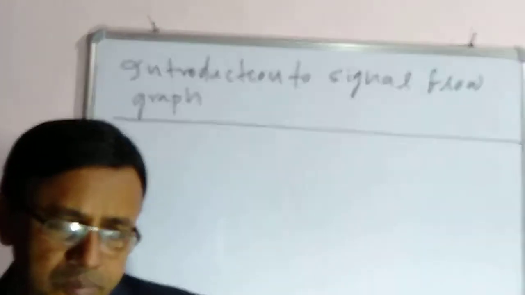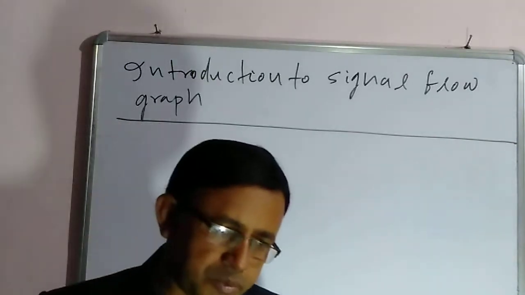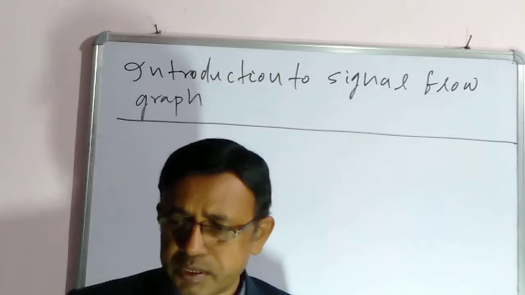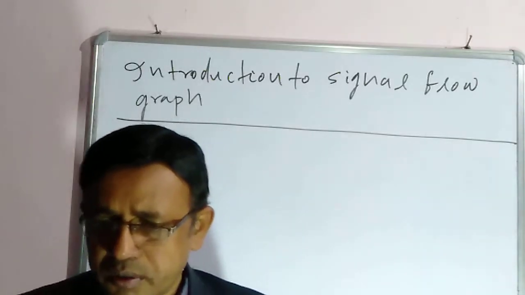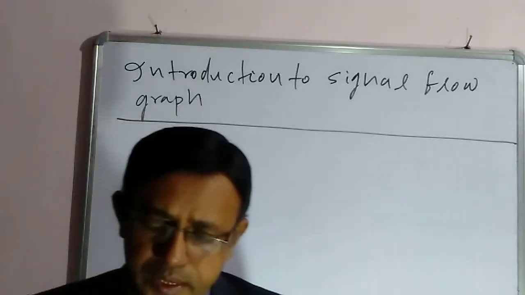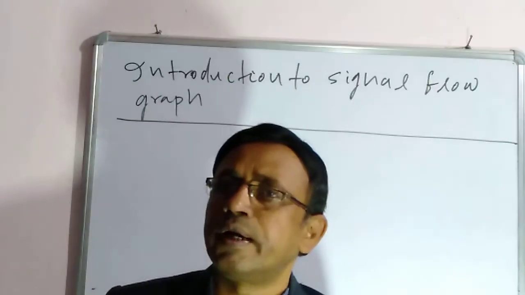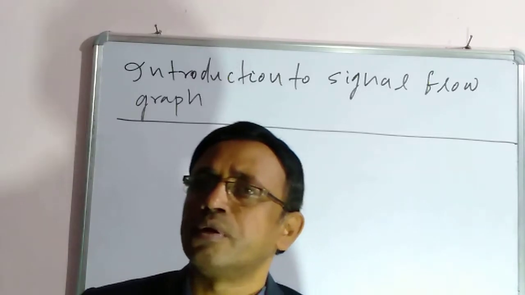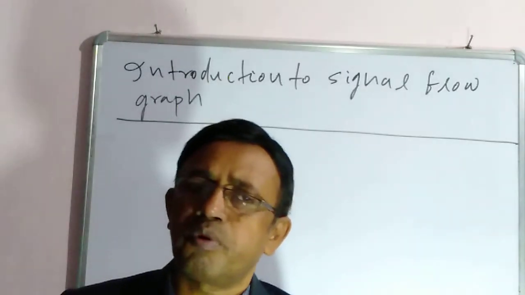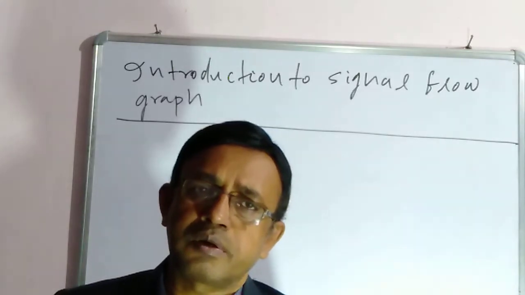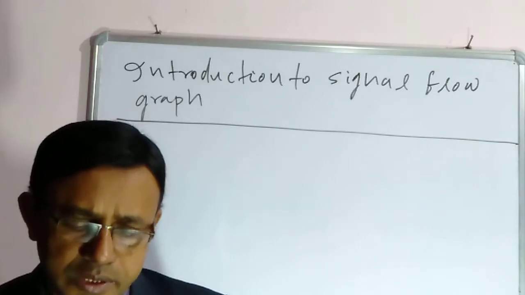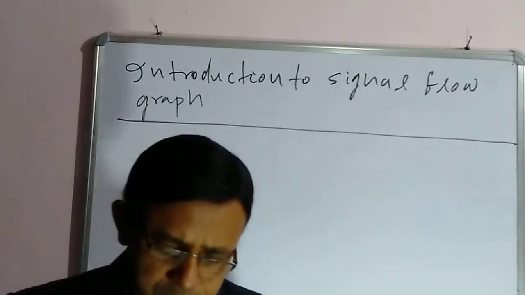For example, the speed control of a DC motor, an automobile driving system, or a servo control system, everything has some algebraic equations. All these algebraic equations form a network, or graph of the network, called a signal flow graph.